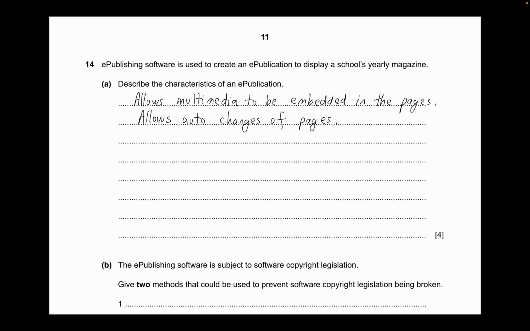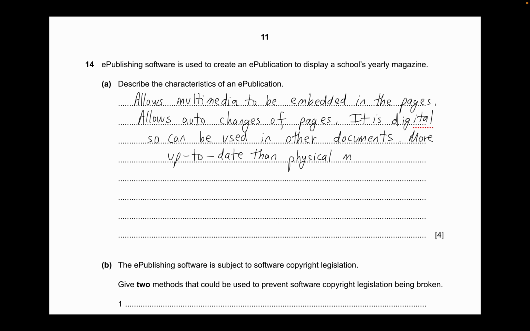You can also mention that it is digital, so can be used in other documents. Then you can mention that it's more up to date than physical magazines.